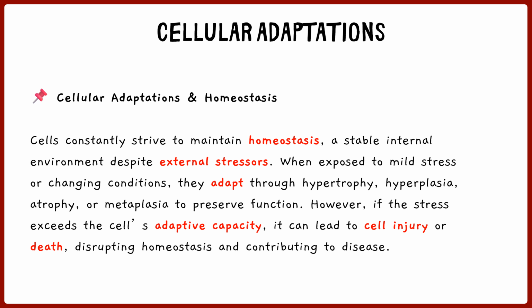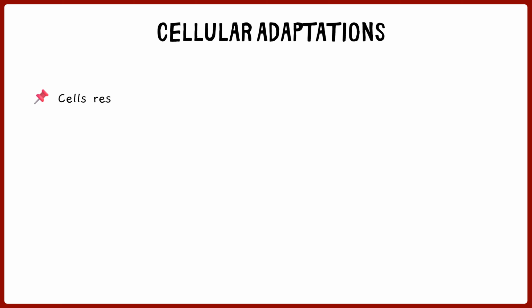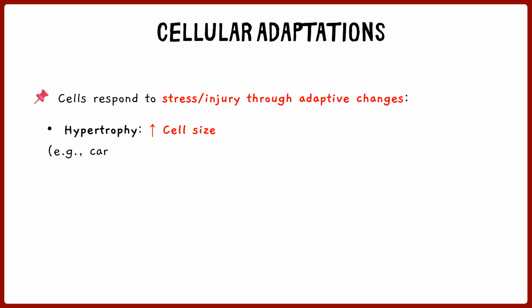However, if the stress exceeds the cell's ability to adapt, or the cell's adaptive capacity, that can lead to cell injury or cell death. And that's going to be disrupting homeostasis and contributing to disease. So cells are going to be responding to stress and injury through the following adaptive mechanisms.